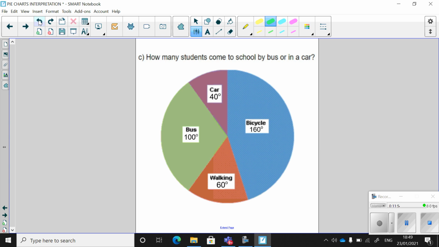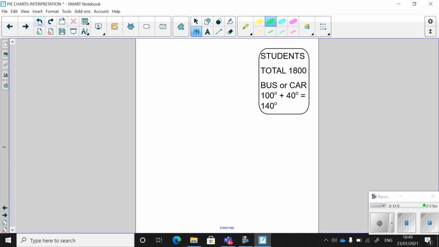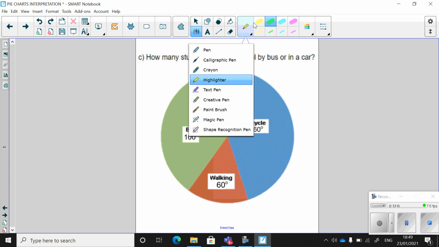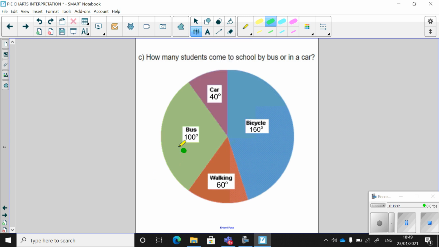Okay. This looks the same. How many students come to school by bus or car? That looks okay. Bus or car? Right, so we get two groups here. So it looks maybe that we have to add them.